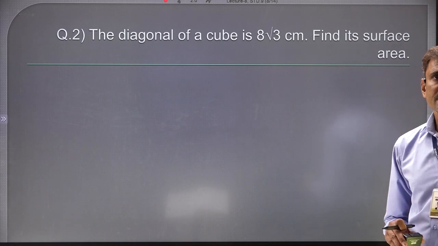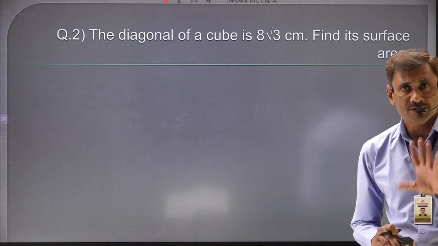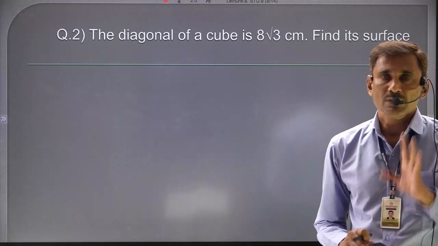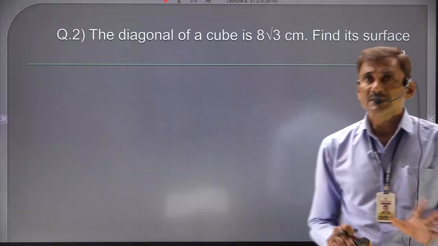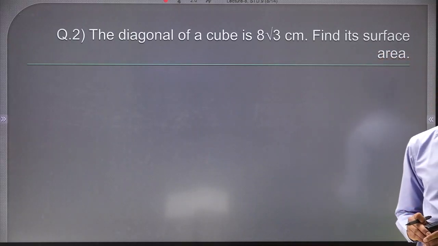Find the surface area. We want surface area. Only surface area is written, so understand it is total surface area. If nothing is specified, it means total. Keep this in mind well.